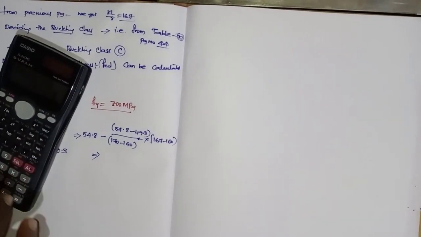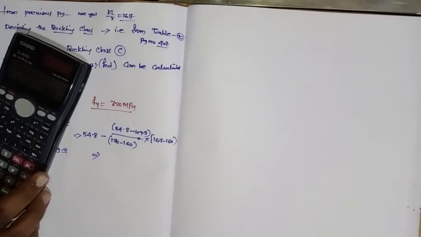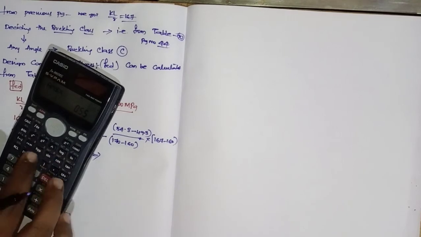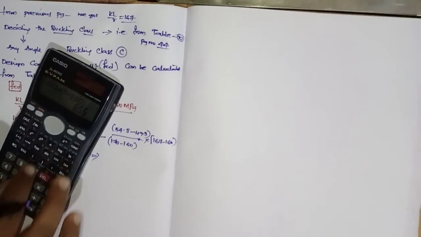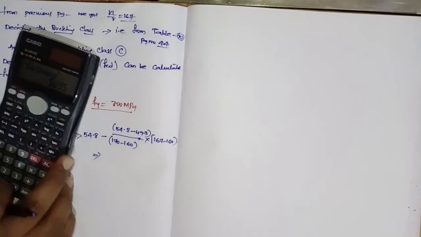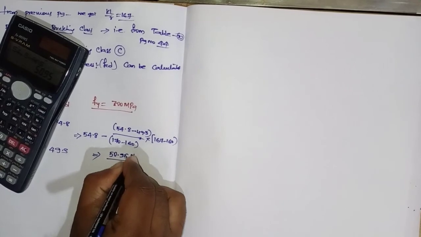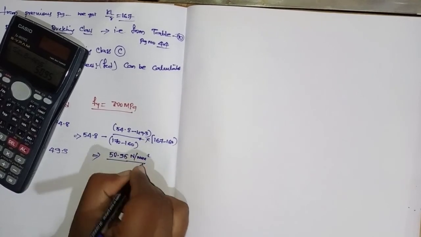Okay, so 54.8 minus 49.3, divided by 10 into 167 minus 160. So 54.8 minus the answer, you got 50.95 Newton per mm square.